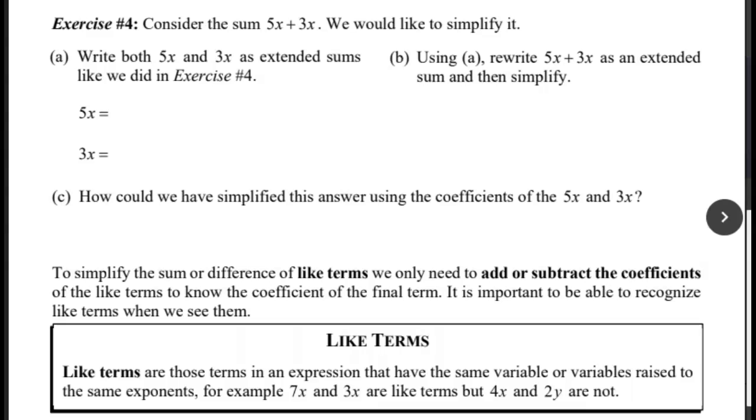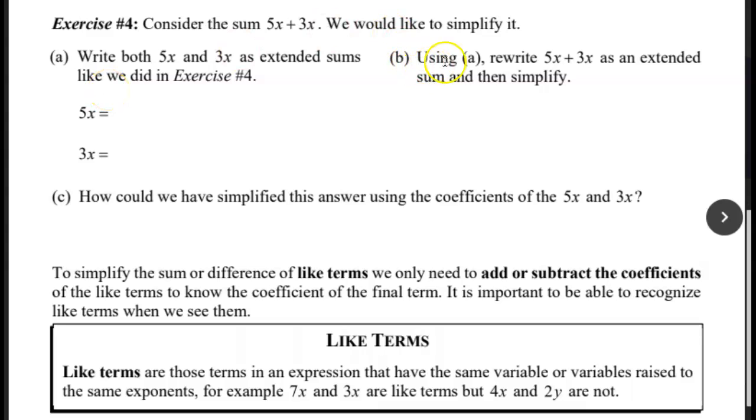All right. So let's do this. So write both, consider the sum of 5x plus 3x. We would like to simplify it, okay? So we both write both 5x and 3x as extended sums, like what we did in exercise number 4.